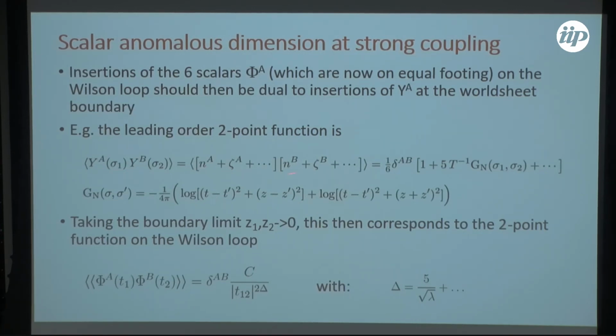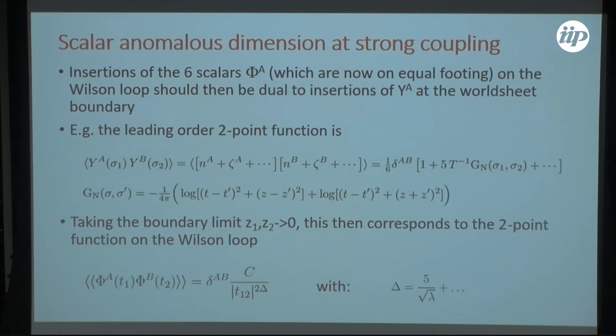You just expand, and this expectation value now means that you're also supposed to integrate over n, the position on the sphere. That gives an SO6 invariant result, and then you get this, which comes from the propagator of these fluctuations. Now this propagator is not the one that you would use for the usual calculations with the HPPS Wilson loop. It's a propagator in AdS2, which satisfies Neumann boundary condition.